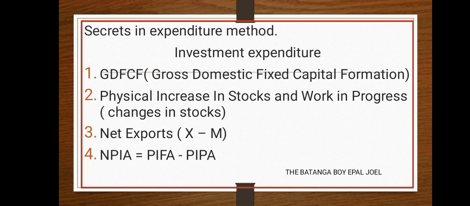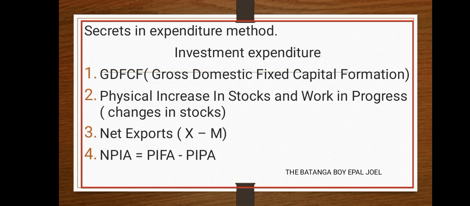Now, what you will need to calculate first is the value of investment, I. Put in your mind that investment always involves two elements that you must put together to get the value of I. The two elements: one is gross domestic fixed capital formation, whose value will be given to you in the data.